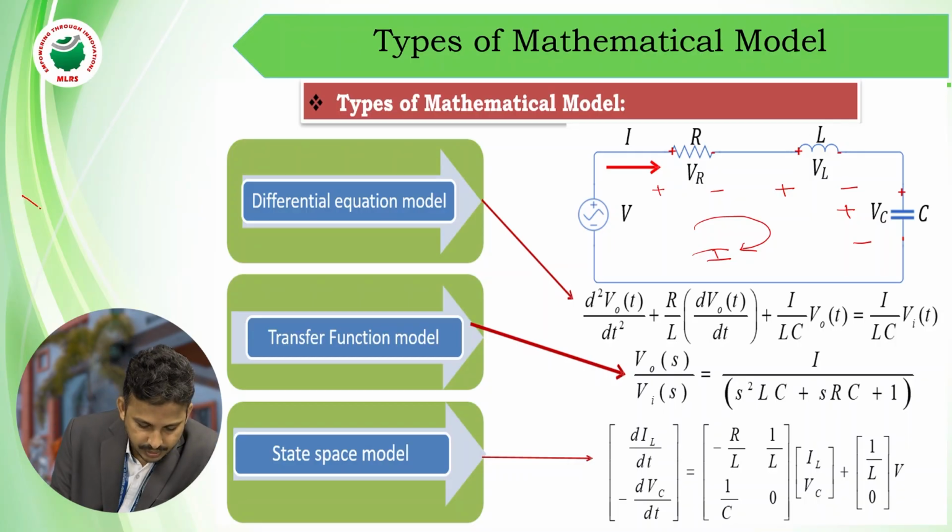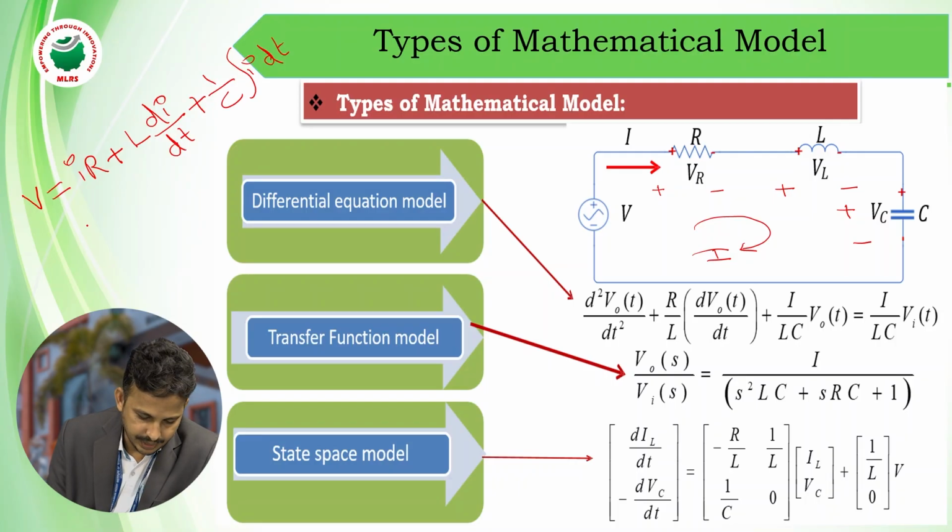V, the applied voltage, is equal to IR plus L into di by dt plus 1 by C integral I dt.